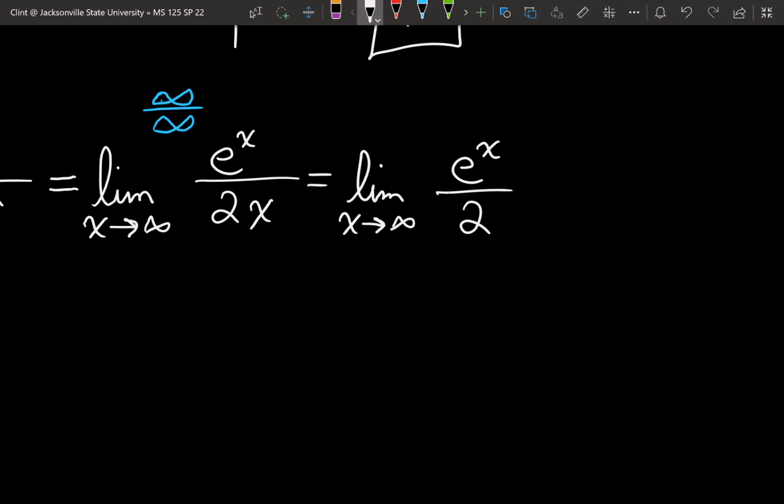So now what's going on? We know as x approaches infinity, e to the x is going to give us infinity for the limit. But on the bottom, we don't even have an x, so we don't care what that's approaching. We're just going to get 2. So what's our limit going to be?